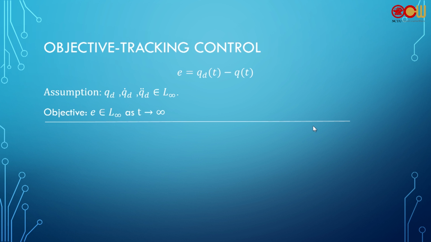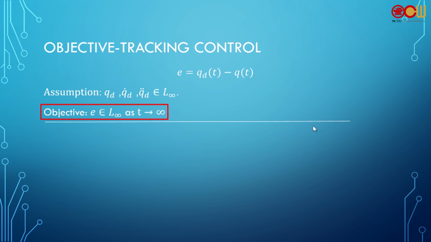And we want the joint or the state Q to track a desired trajectory, QD, QD dot, and QD double dot. They are designed to be bounded, and they are known values because they are by design, the user's choice.